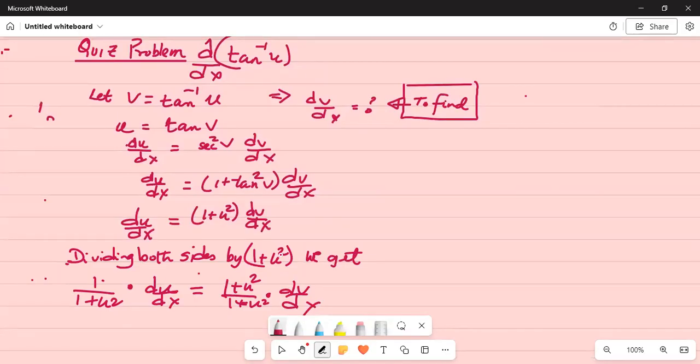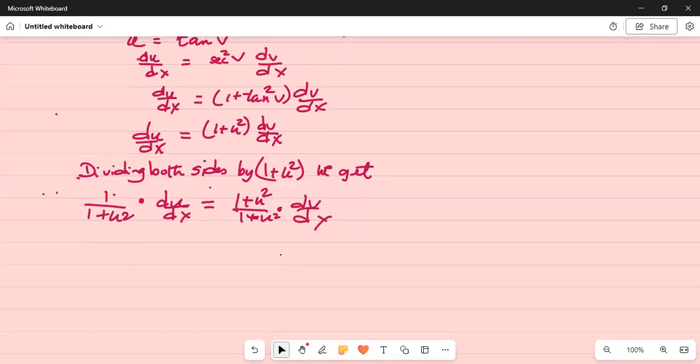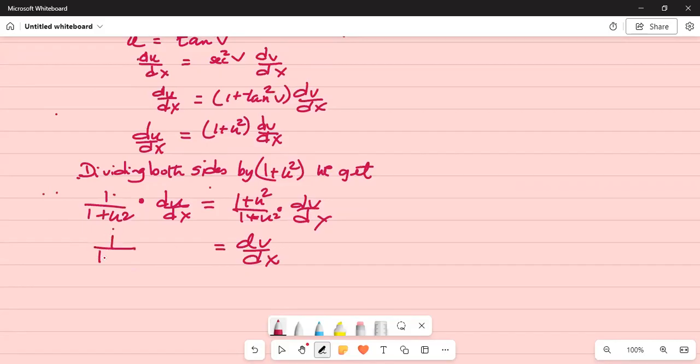So if we get rid of the 1 plus u squared term from the numerator and denominator on the right hand side, what do we get? We get dv by dx is equal to 1 divided by 1 plus u square times du by dx.